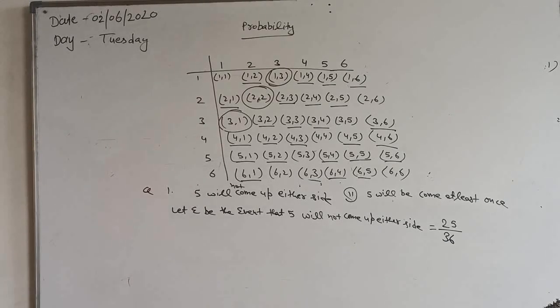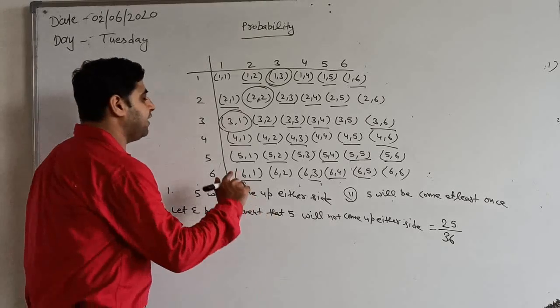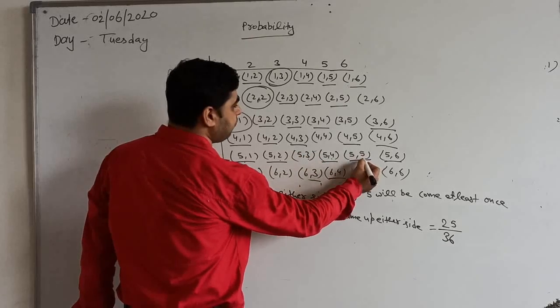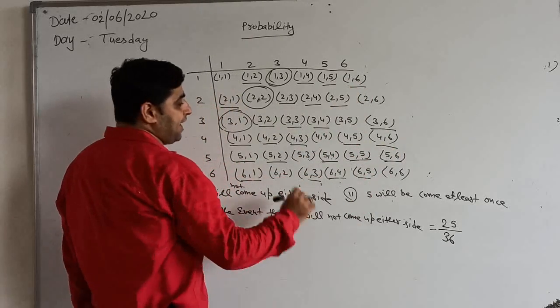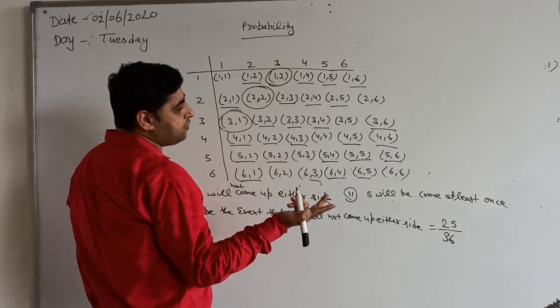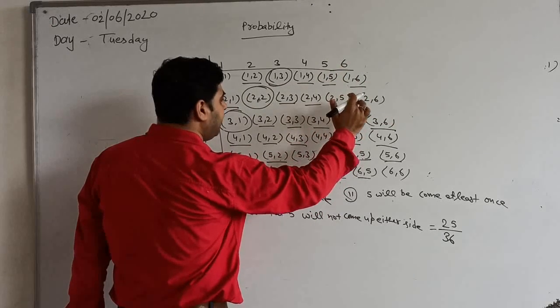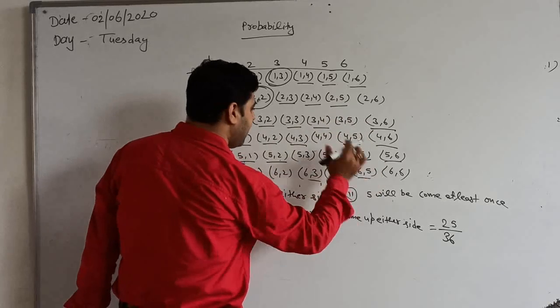Next they ask that 5 will come at least once. At least once means 1, 2, 3, 4, 5, 6, and then 7, 8, 9, 10, 11.